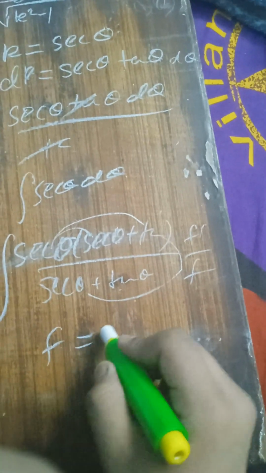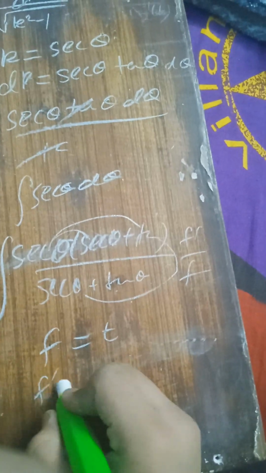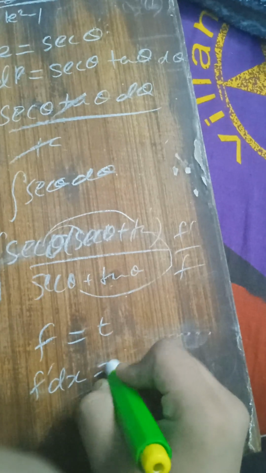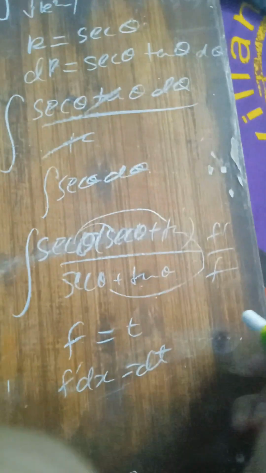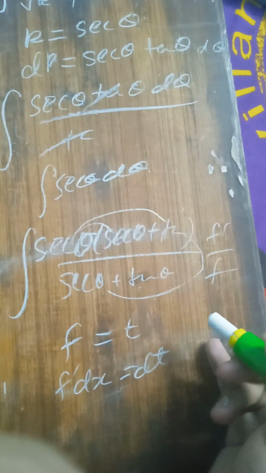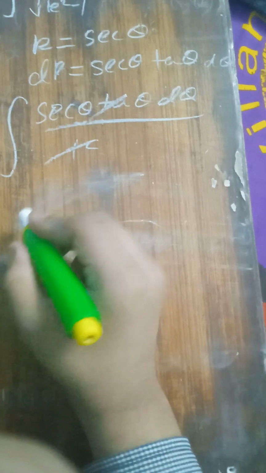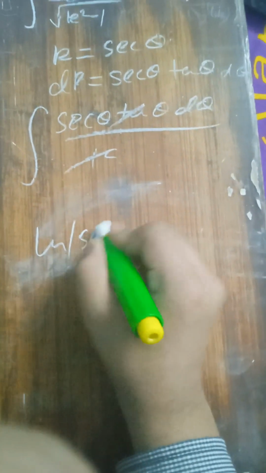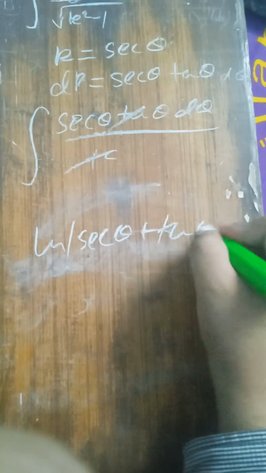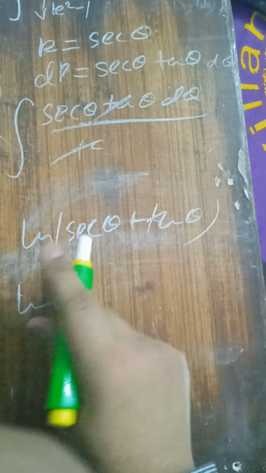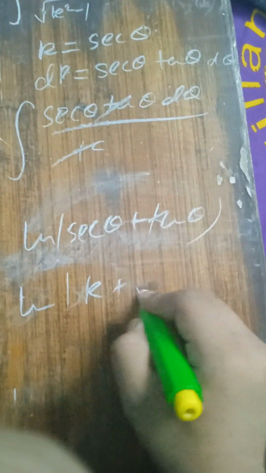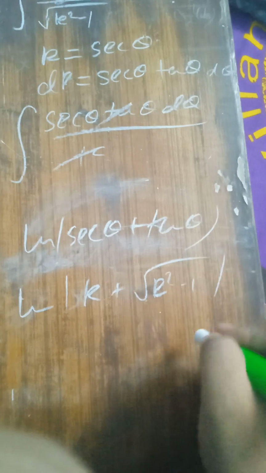Put f as t, f dash dx is dt. Simple integral, ln. So we got ln of sec theta plus tan theta. We know sec theta is k, and we know tan theta is root of k square minus 1. So this is it.